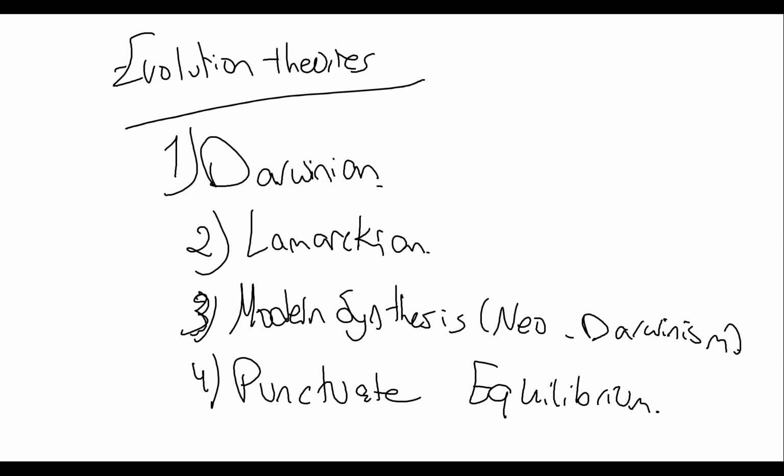The main conclusion of Darwin's evolutionary theory is natural selection. Okay, so Darwin, in your mind, put Darwin, natural selection. So Darwinian evolution, or let's say the natural selection evolution.